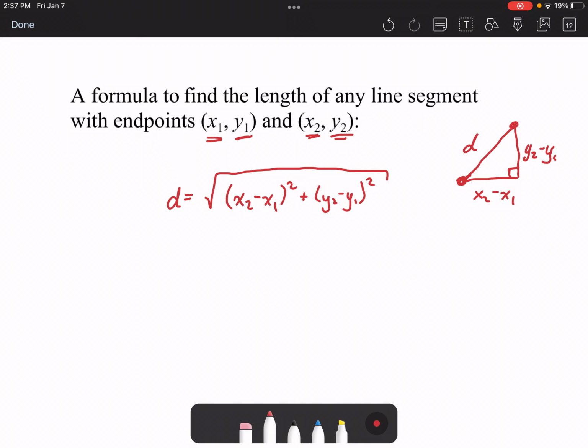So this is the general formula to find the length of a line segment with endpoints x1, y1, and x2, y2.